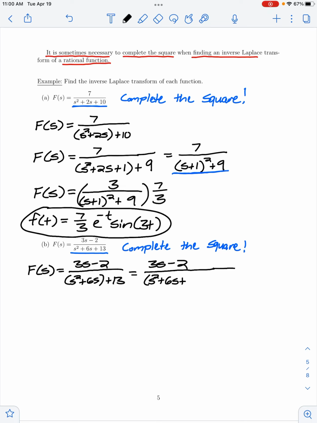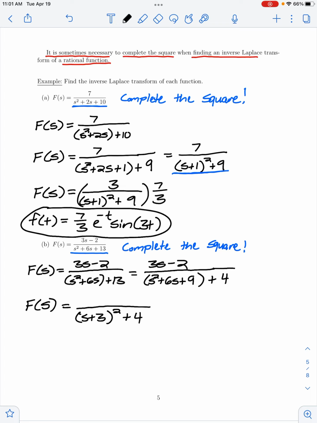So here, half of 6 would be 3 squared, gives me a 9. And then to get a total value of 13 as the constant in that denominator, I need to add another 4 onto that factor of 9 to keep it equal to 13. And so this now allows me to factor that first term in the denominator as s plus 3 quantity squared, with my plus 4 on the end.